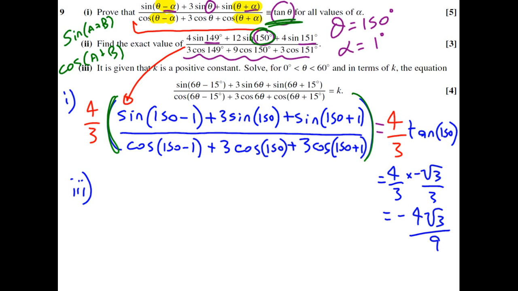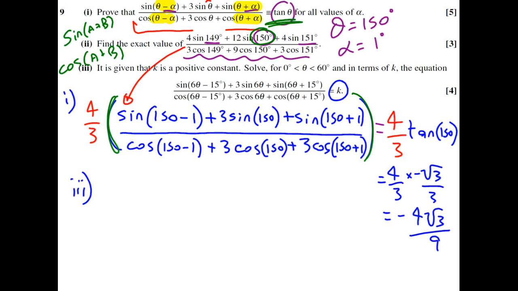It is given that k is a positive constant. Solve for theta between 0 and 60 degrees in terms of k. So we need to play spot the difference again, and we need to think, what is the angle theta?